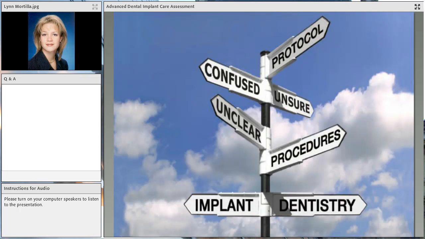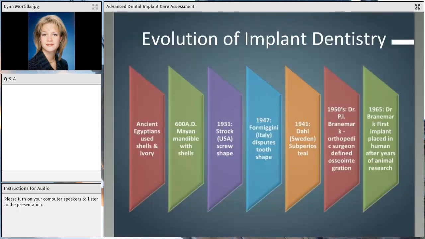Protocols are consistently modified based on firm clinical research brought into the field. So we certainly will look at the research supporting all of the protocols that we discuss this evening, so hopefully it'll clear up the confusion you may have or further clarify things for you.